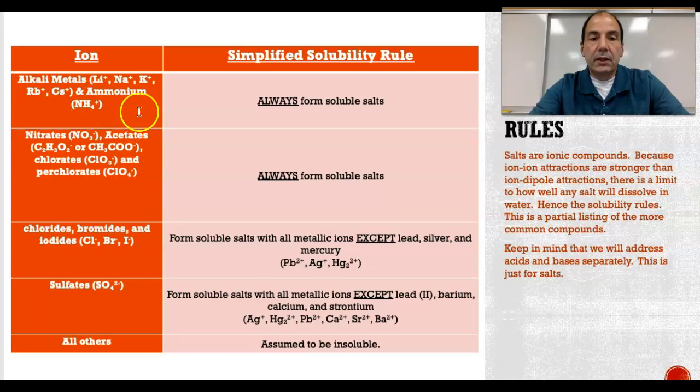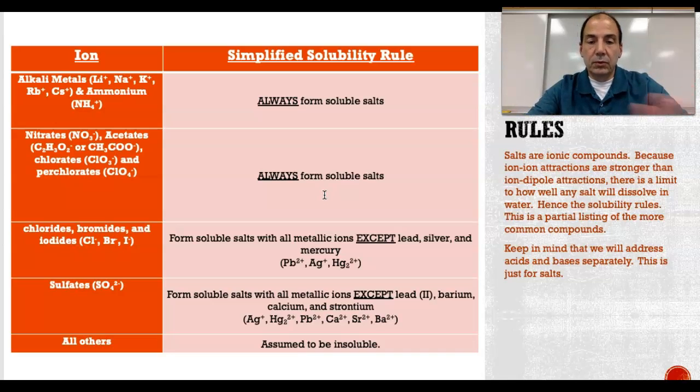So we expect that anything made with an alkali metal or an ammonium ion, regardless of what the anion is, to be a soluble salt. Conversely, if the anion is nitrate, acetate, chlorate, or perchlorate, we expect that to always form a soluble salt regardless of what the cation is. Okay, so those are the only two absolutes.